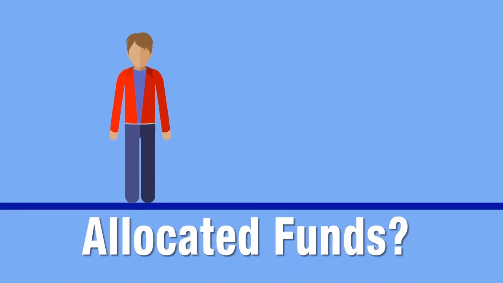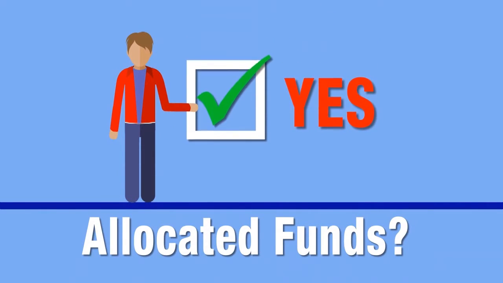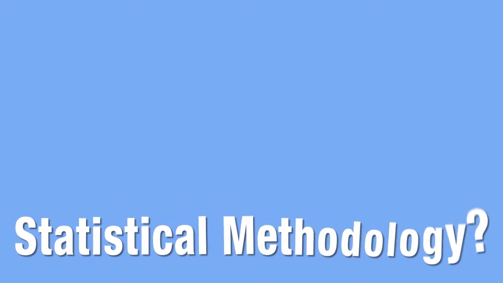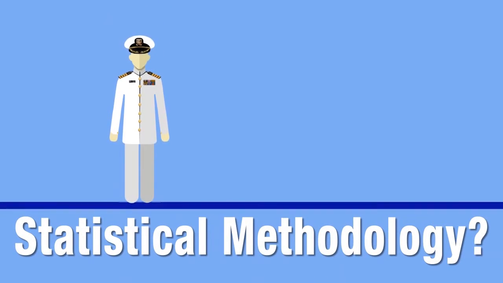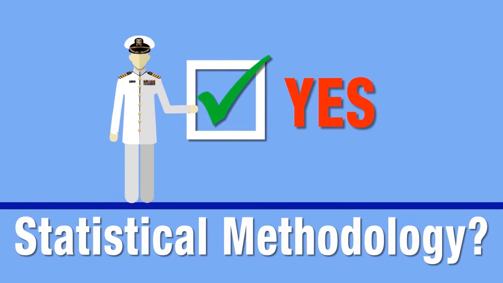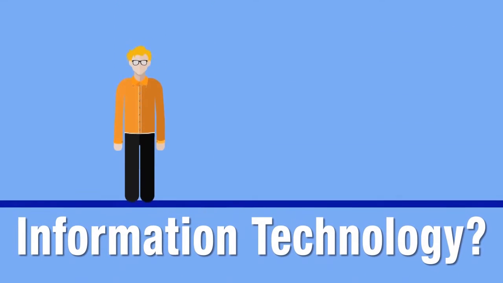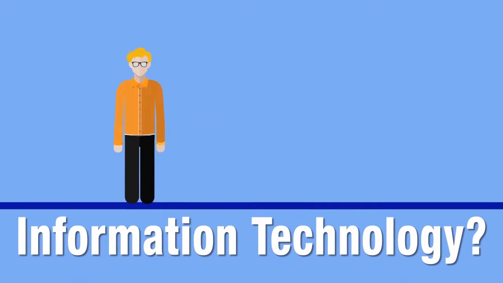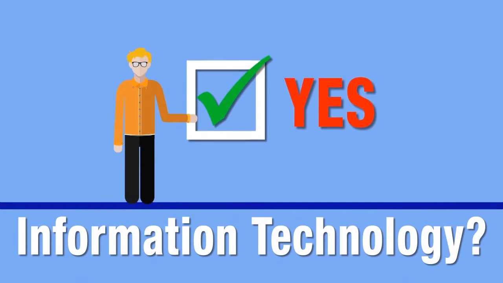Has the sponsoring CDC office planned and allocated resources for the development and use of this information collection? If applicable, does the federal sponsor of the information collection use an effective and efficient statistical methodology for the information collection? Does CDC make appropriate use of information technology for this information collection?